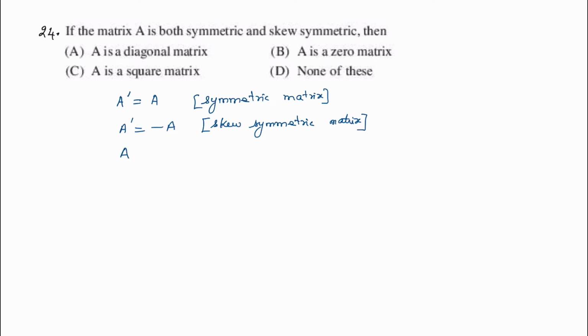A dash is A is equal to minus A. Now bring this minus A to this side. A plus A is 2A is equal to a zero matrix. Therefore, A is a zero matrix. Option B is the correct answer.